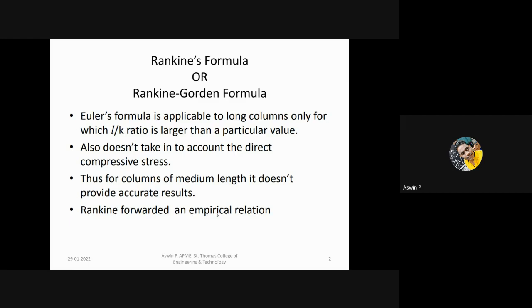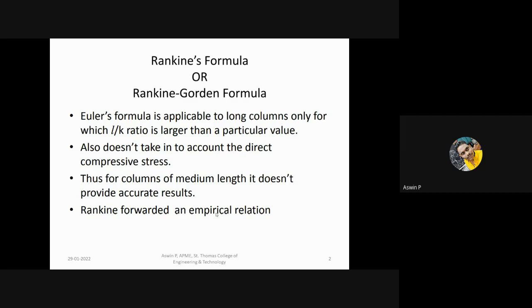When we are studying short column, we have already mentioned that short columns fail due to crushing load. We said in the first class that when we apply a load, the short column will be crushed, but the long column will be bent. There is a difference between short column and long column. The crushing load or direct load is not considered while discussing Euler's formula. That's why we cannot apply this in short column.